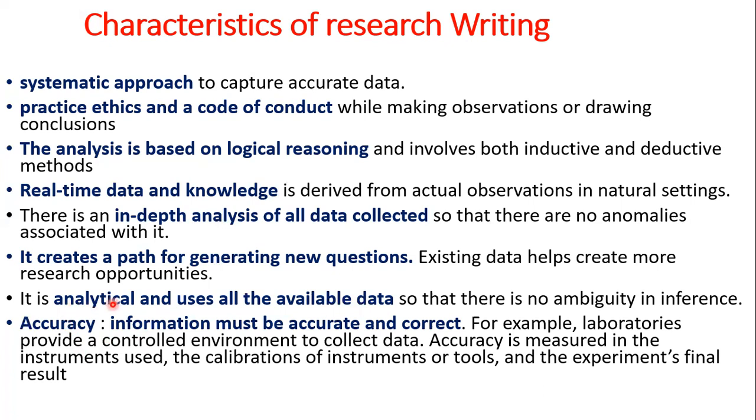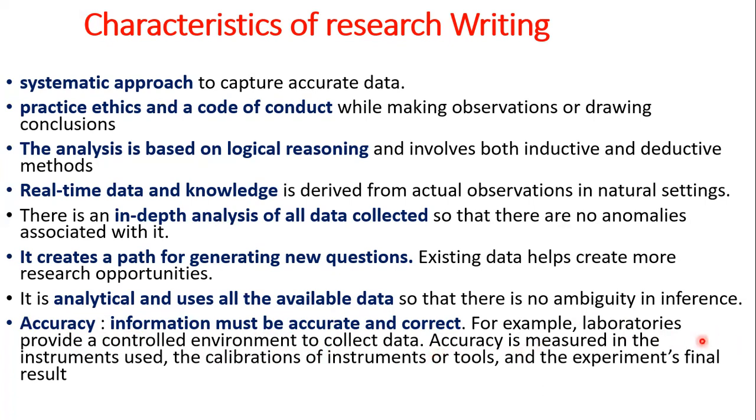Analysis is one of the major sections: once something is found, whether it is accurate, inaccurate, logical, illogical, relevant or irrelevant. Accuracy: information must be accurate and correct. For example, laboratories provide a controlled environment to collect data.